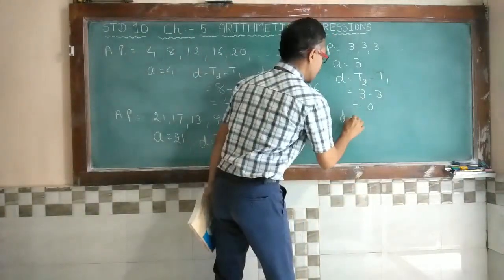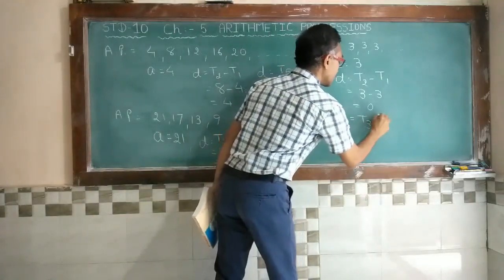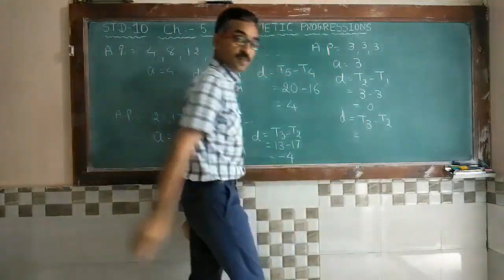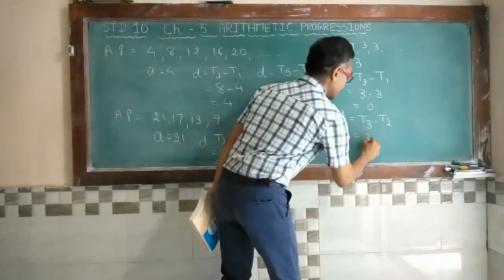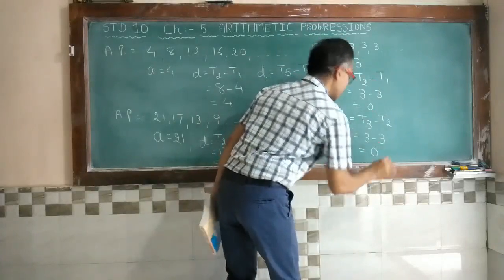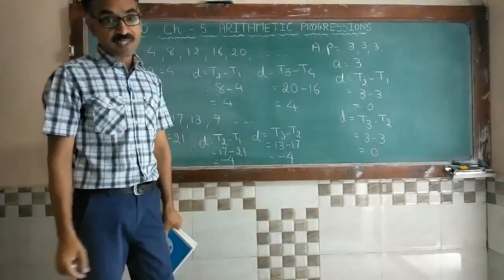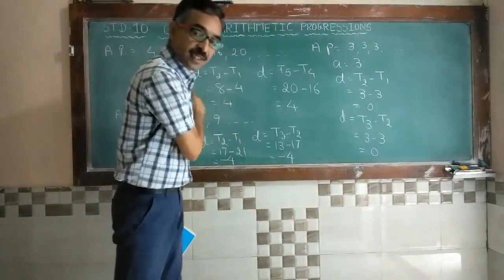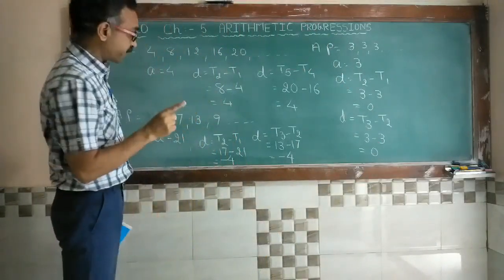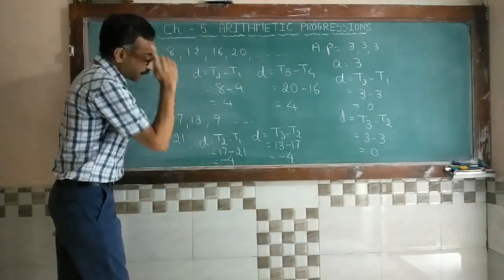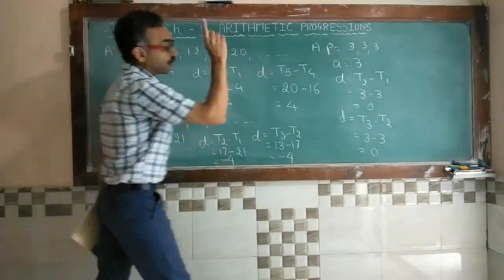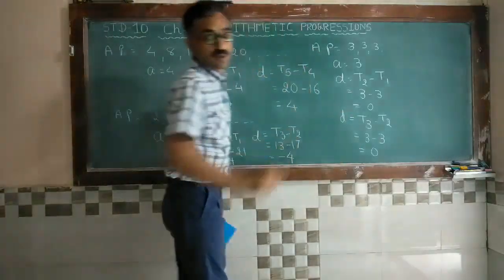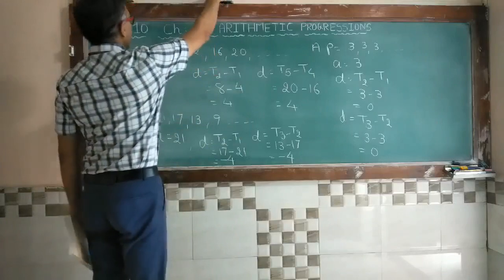Again D is equal to T3 minus T2, again 3 minus 3, that is 0. So here the common difference is a fixed number, and it is 0. That means the common difference may be a positive number, a negative number, or it may be 0.